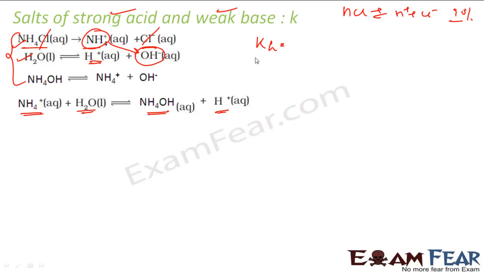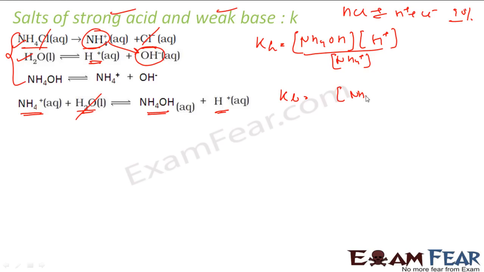So for this reaction, the Kh, because it's the hydrolysis reaction, will be what? Concentration of NH4OH, concentration of H plus, divided by concentration of NH4 plus. Now I have a base reaction here, so let's find the Kb also for this. It will be NH4 plus, OH minus over NH4OH, correct? And let's multiply Kh and Kb similar to what we did earlier.